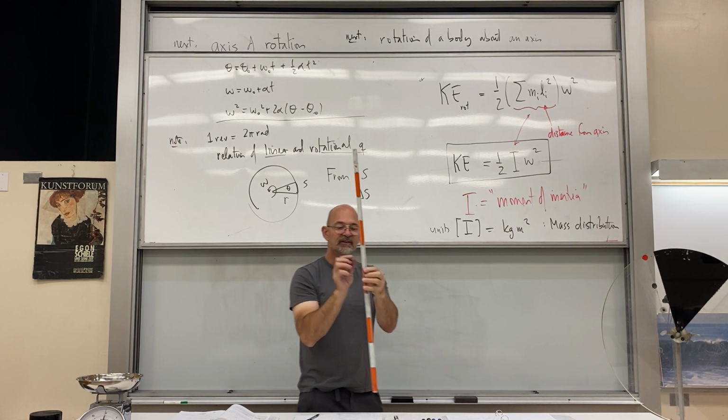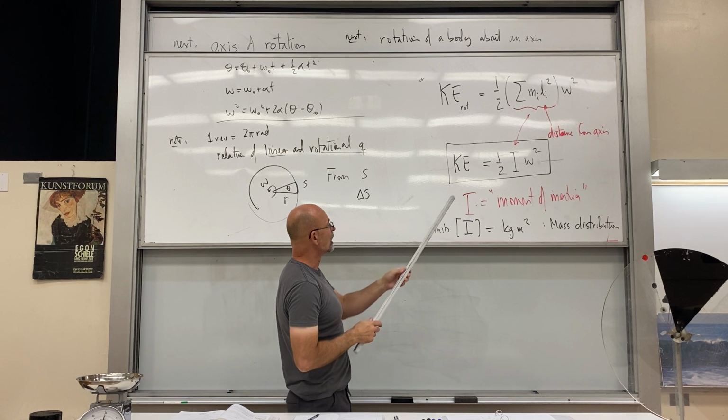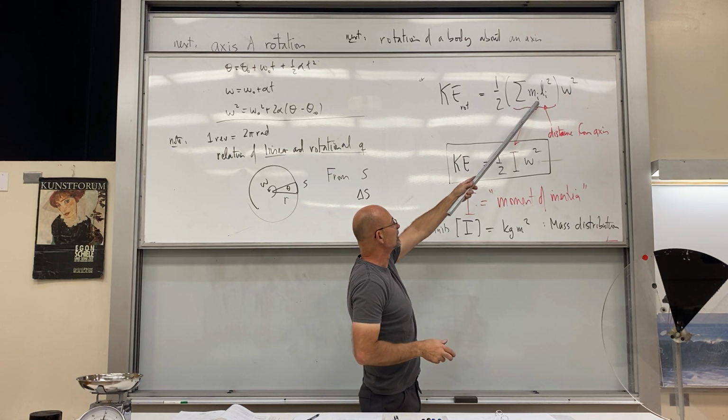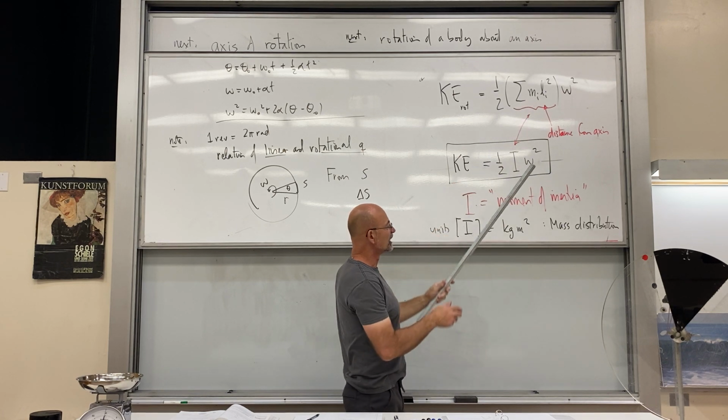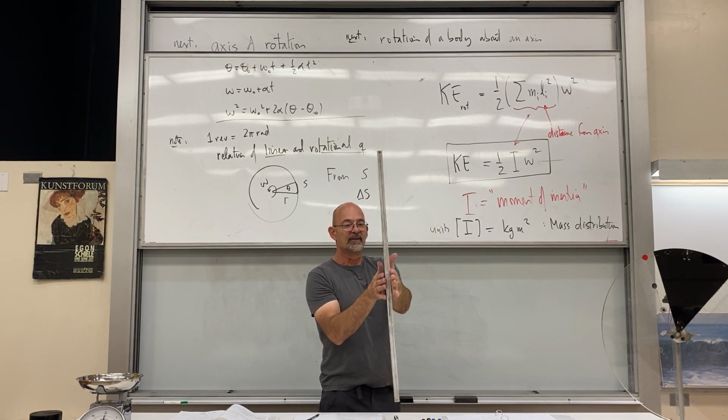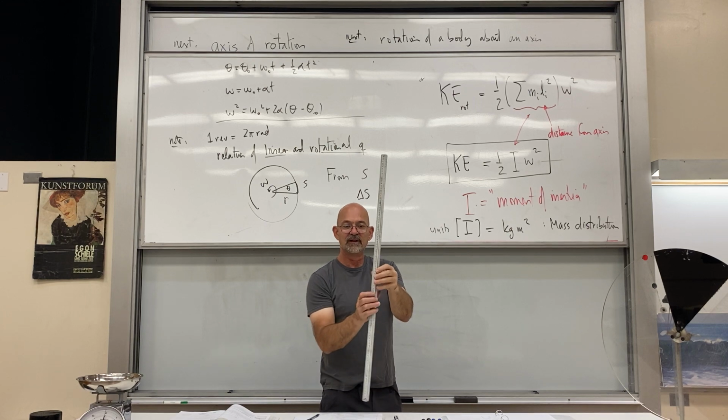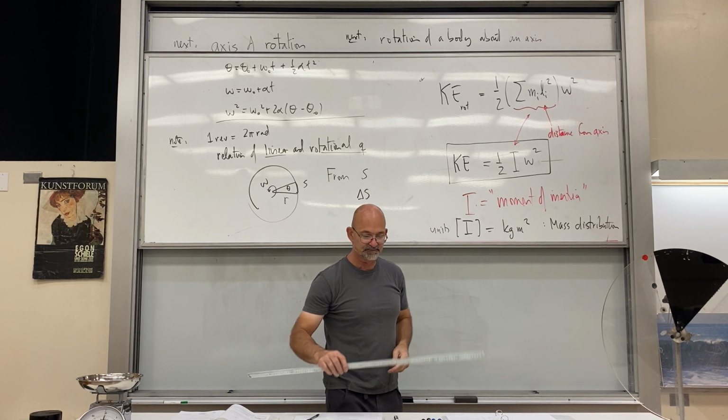But the distances from the axis of rotation are minuscule. So these L squareds are tiny, and that's why the moment of inertia, if I take this vertical axis, is tiny as well.